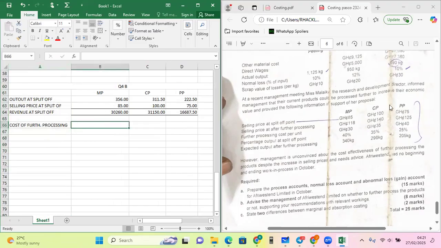The cost here is like 30, 35, 40, 30, 25, 40. Right. Now, total cost is going to equal the output at split times the cost, because that's what they are going to process.